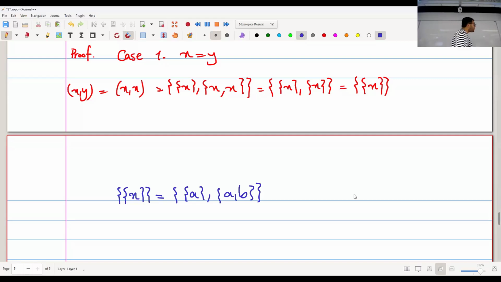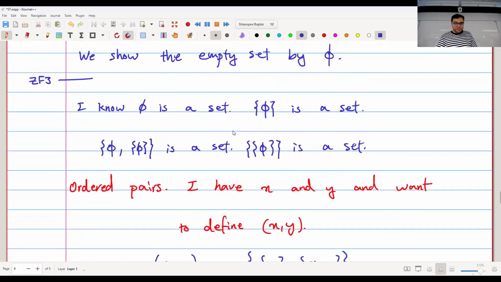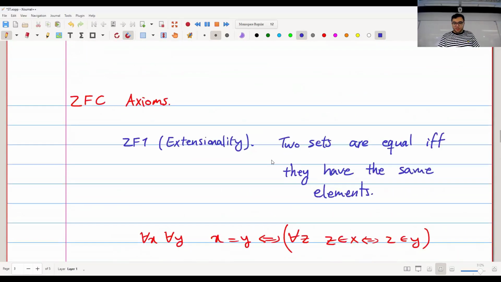Okay, I would love it if at this point I could say, well, look, the set on the left has one element, so the set on the right should also have one element. Right? But I don't have that. All I have is my first axiom. My first axiom says that two sets are equal if and only if they have the same elements.